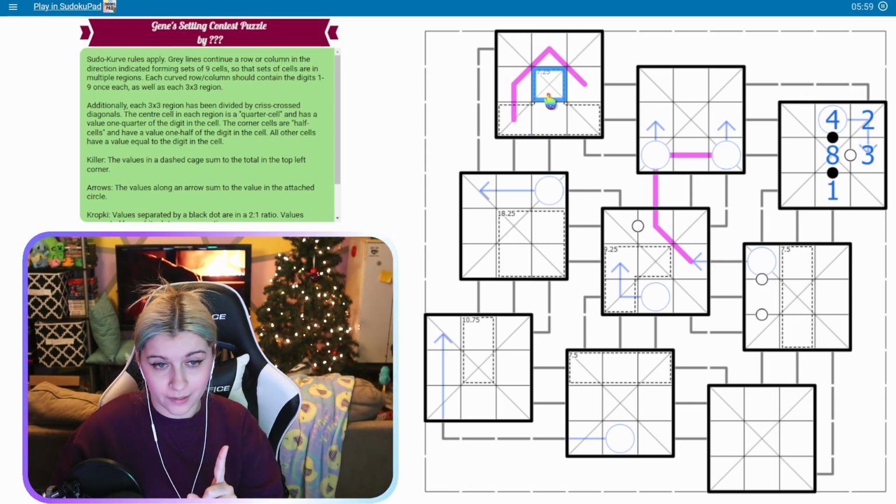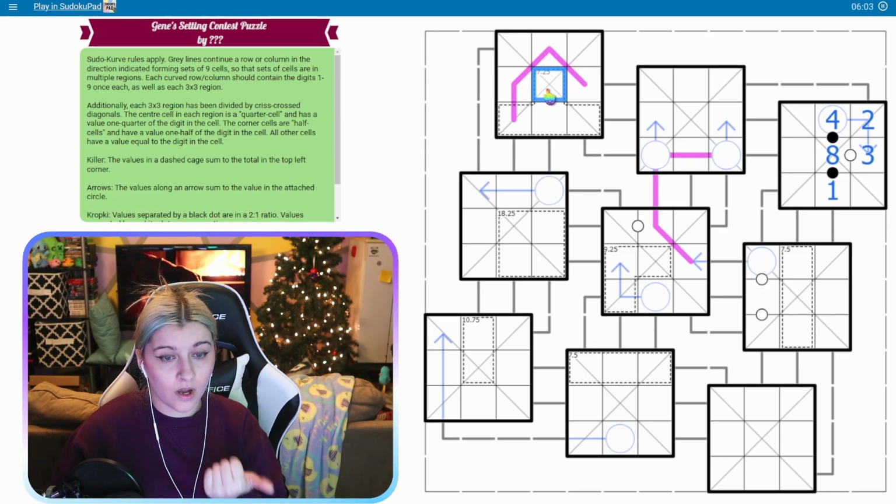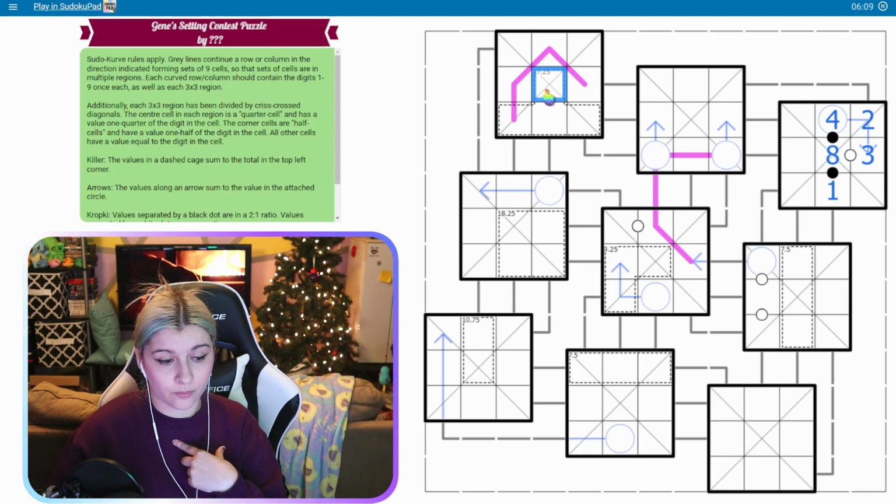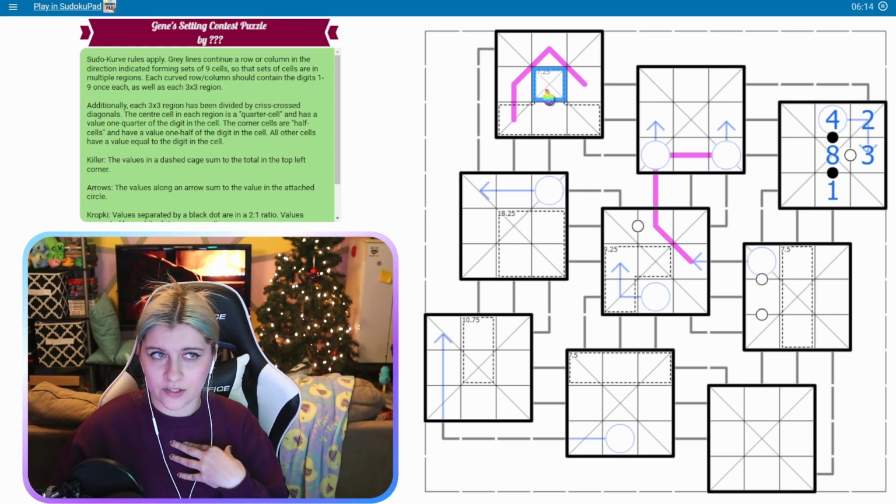So the quartered number is important. It's going to be an odd number. Because even if it's 3, no, 3 won't work. 3 divided by 4, yeah, is 0.75. So I could have like a 0.75 and then like a 0.5 over here. But this has to be odd.